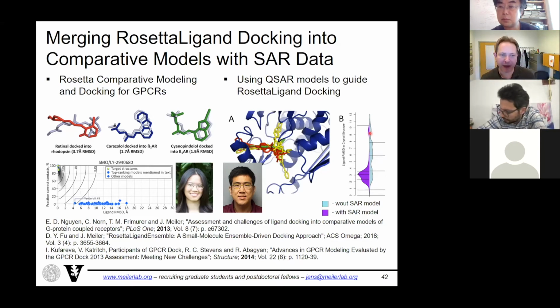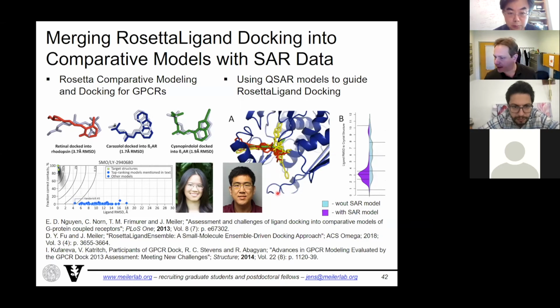The left-hand side is if I dock them simultaneously and require that they all dock. And you see a lot of those high RMSD models are not there anymore. They are excluded because one of these molecules is going to clash and just won't fit in this. And we have a much, much higher percentage of low RMSD models that are sampled.